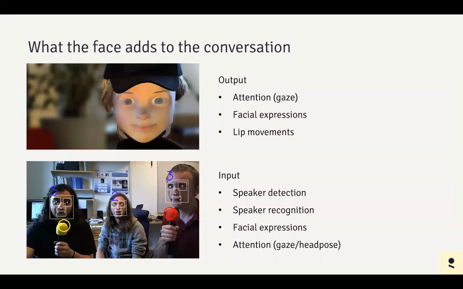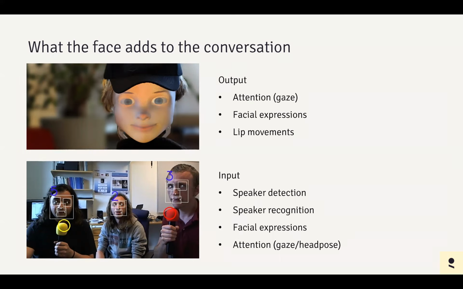If we look at the face then, what does a face add to the conversation? Think of it both from an output perspective. So if the machine has a face, like in the picture here, a robot face, we can easily see where the agent is attending.